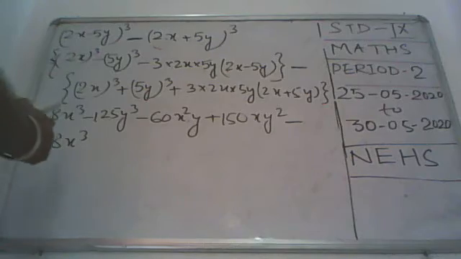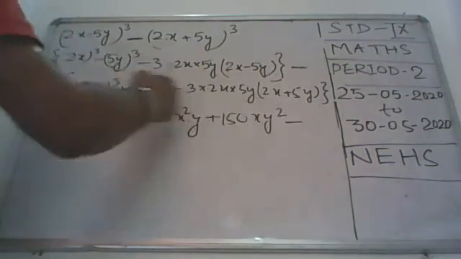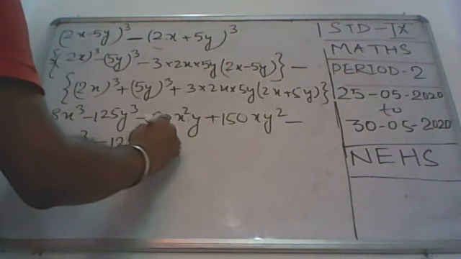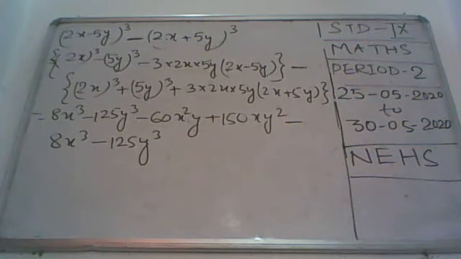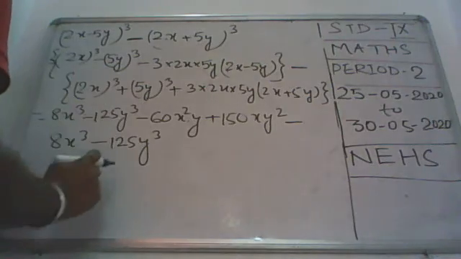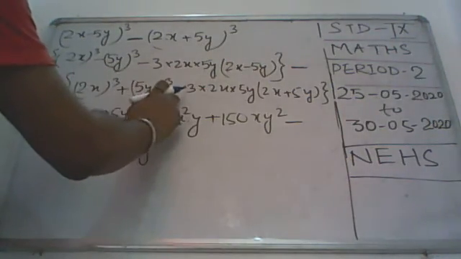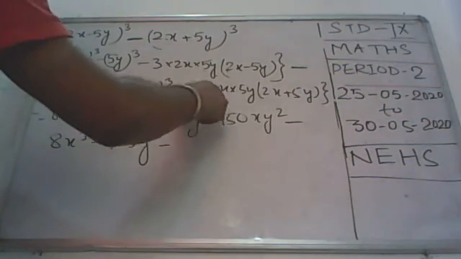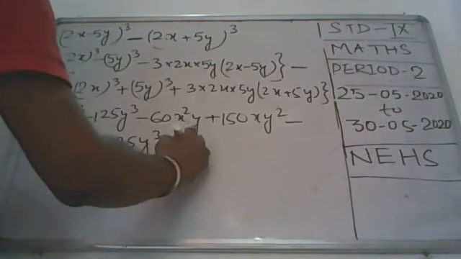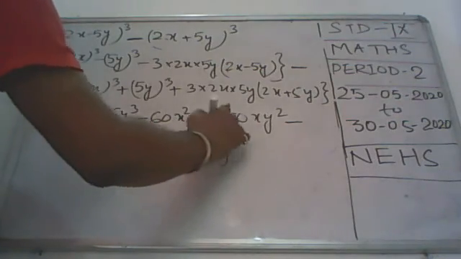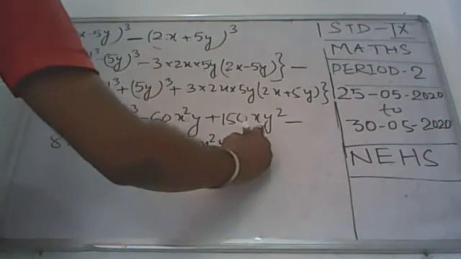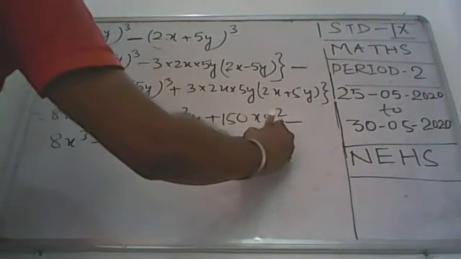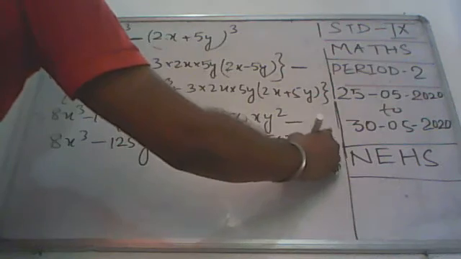Clear? Minus is here only, so this will also become minus 125y cube. After that, minus 60x square y, minus plus again minus 150 x y square.